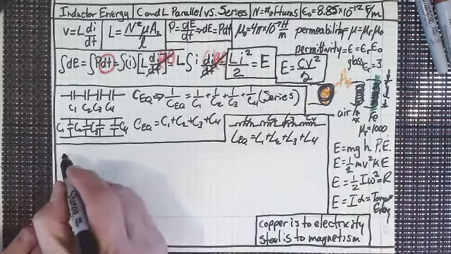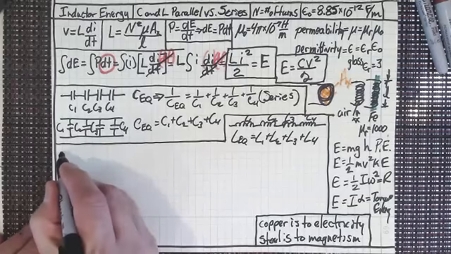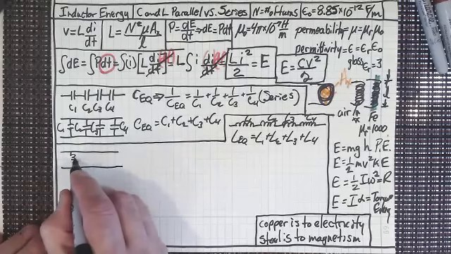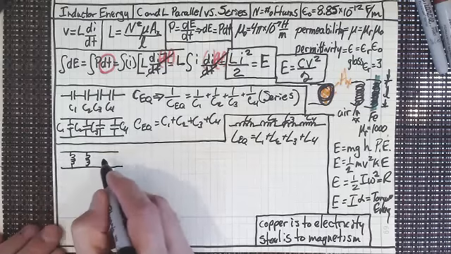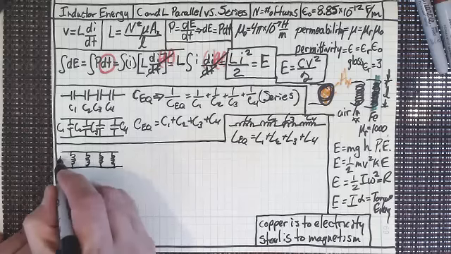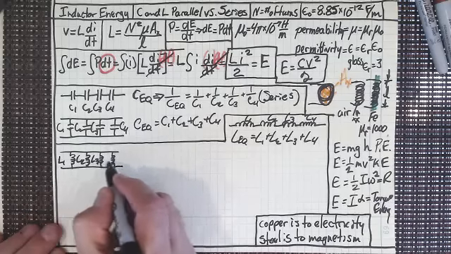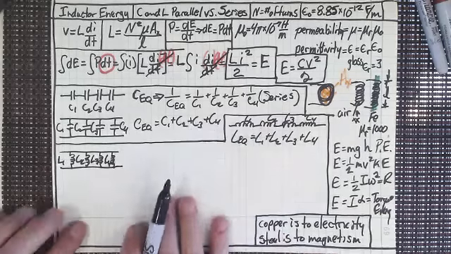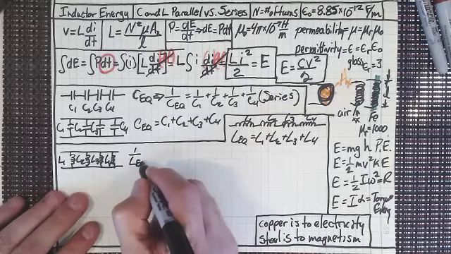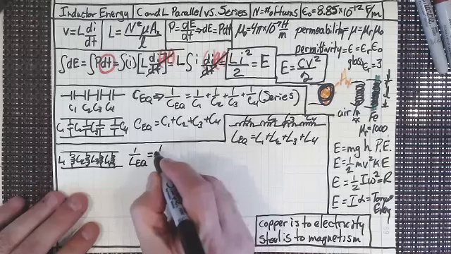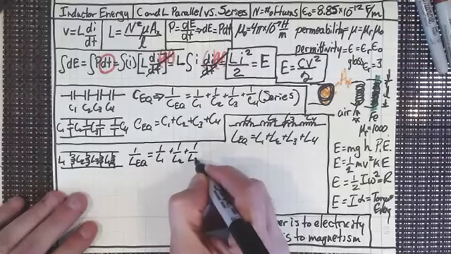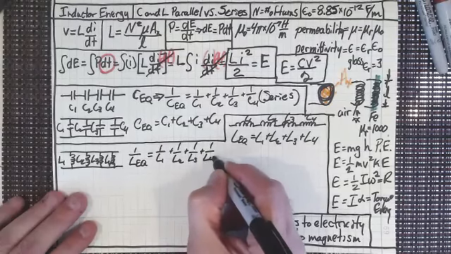And then the other one, if they were in parallel, again this is just L1, L2, L3, and L4. If I was to add these up, then 1 over L equivalent, just like resistors, is going to be 1 over L1 plus 1 over L2 plus 1 over L3 plus 1 over L4.